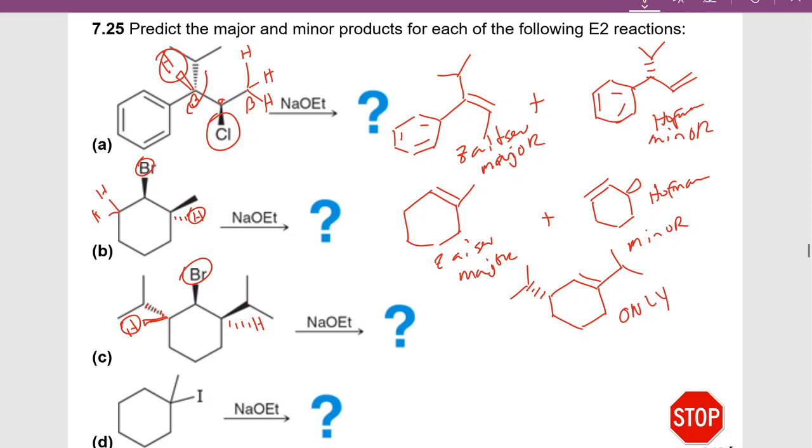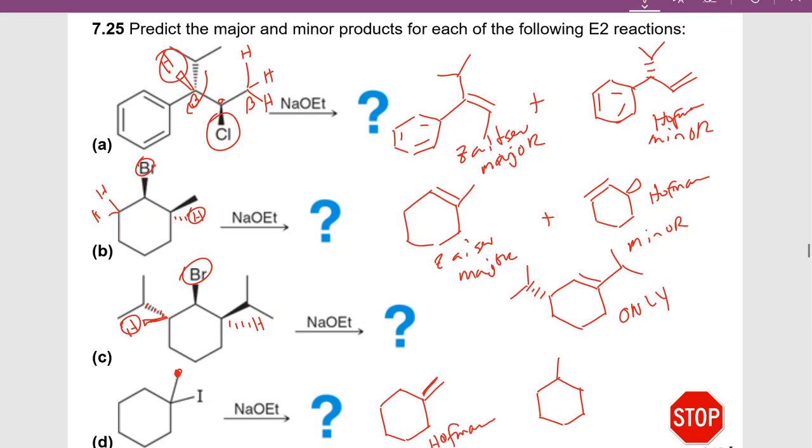For D, we can get a Hofmann product by eliminating at this carbon here, one of those hydrogens. Or we can eliminate inside the ring, and it doesn't matter which one you pull off there.